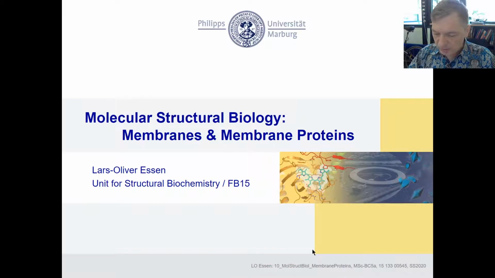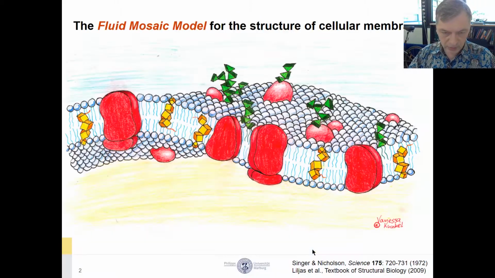Some issues are relevant for you to get a feeling about it. First of all, I don't have to recapitulate the biochemistry 101. Everybody of you should know about the fluid mosaic model for the structure of cellular membranes, which is more or less stating that our lipid bilayer membranes are transversed by integral membrane proteins, here shown in red as a potato model.